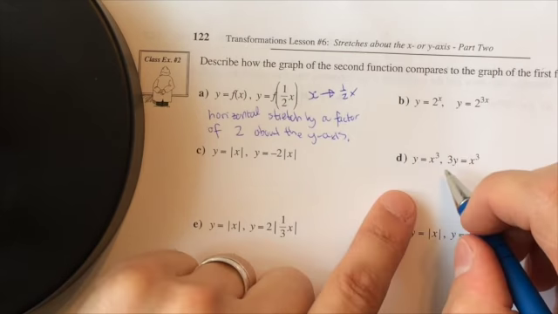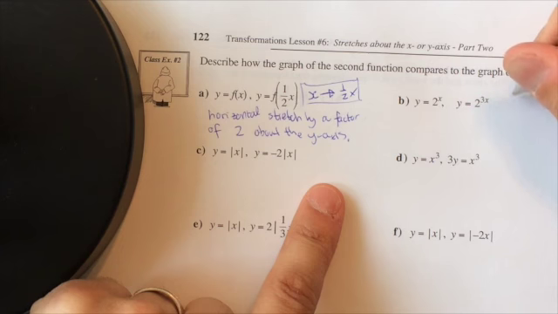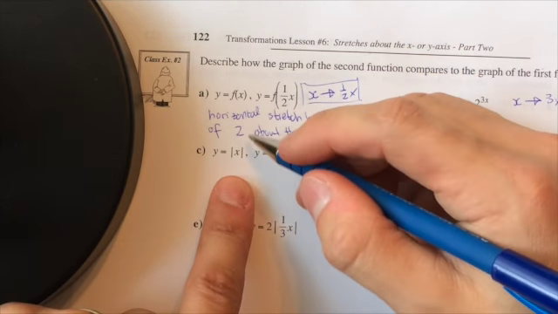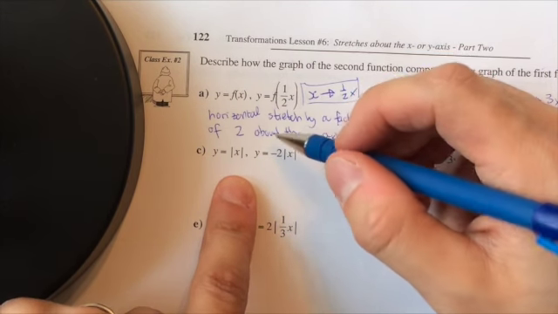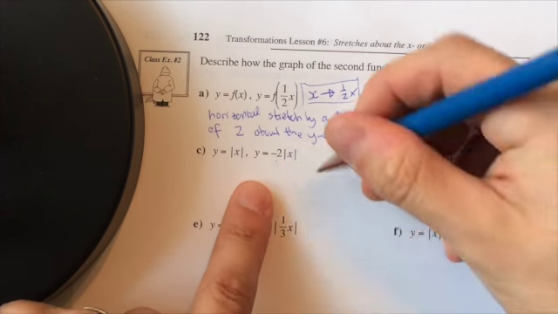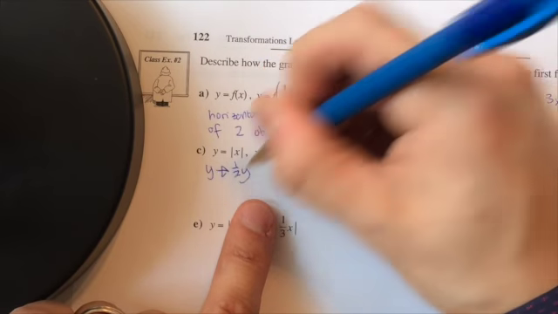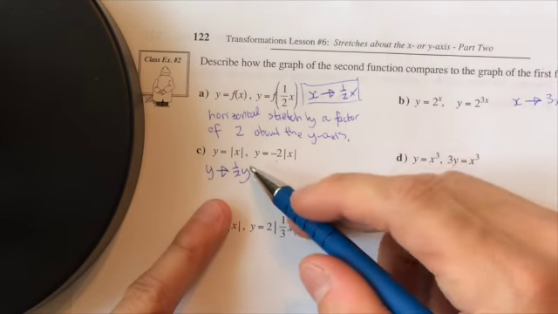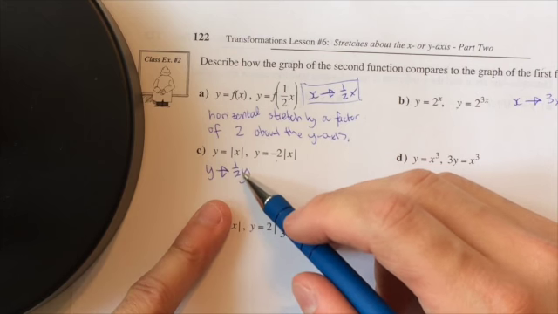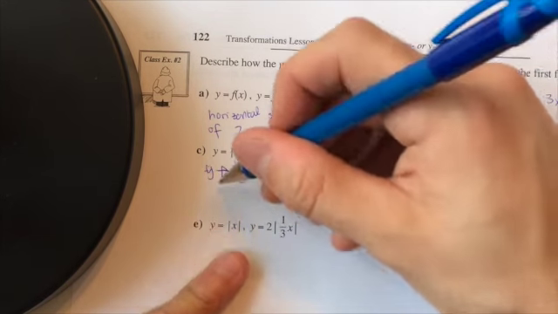All right, so let's look at, and again, I'm just going to write what's going on with our mapping here. So here we mapped to 3x. Here, let's see what we did. We mapped our y values, and so our y value got mapped to 1/2 y. And if I'm talking about something that's being mapped on my y value, then that's going to be a vertical stretch.